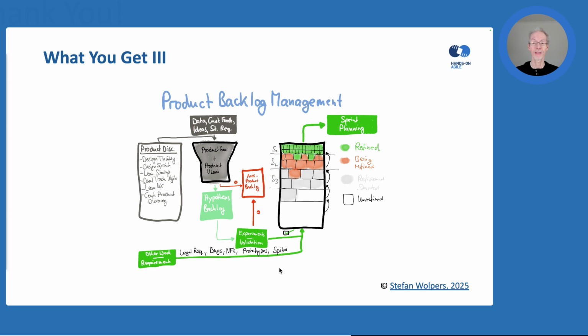So the next part has always been the classic product backlog management process, as I like to teach it in my classes. And as you can see, Scrum is only a small part on the right side. So the product backlog and sprint planning, but all the rest actually has little to do with Scrum. It's more about classic product discovery, creating hypotheses, validating hypotheses with prototypes and experiments, and of course we will delve into the idea of a new artifact, an anti-pattern backlog.